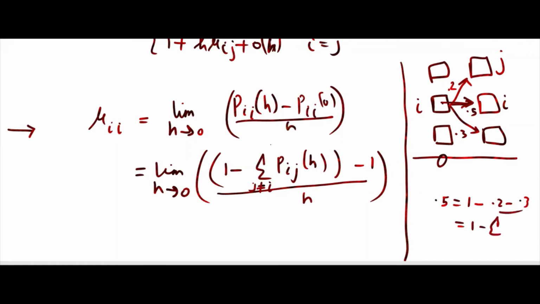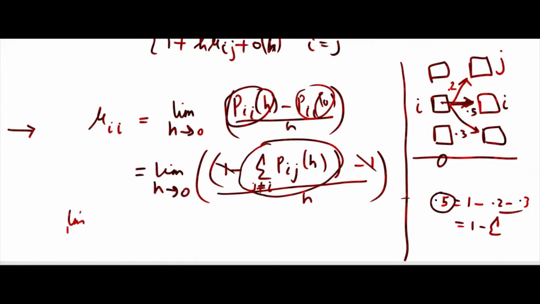This is what we have written here, j is not equal to i. When j is equal to i, you will get this 0.5 left hand side. So this one is equal to this one, and this is 1, so this one and this one, they will get cancelled.